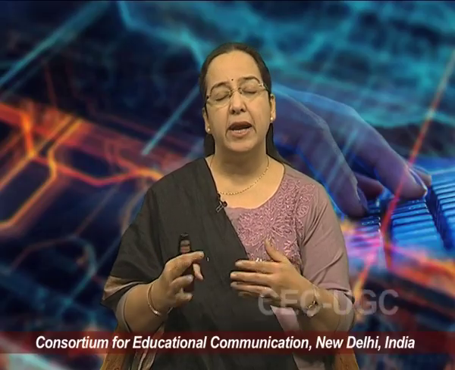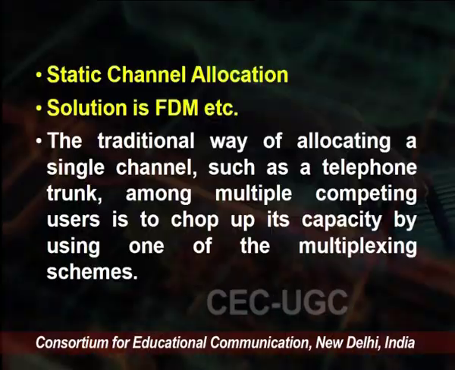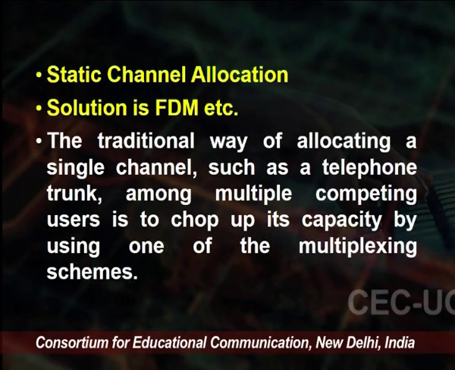If we talk about one scenario, static channel allocation, the solution could be FDM or TDM. As you are aware, FDM is frequency division multiplexing and TDM is time division multiplexing. In the scenario of a static channel, the traditional way of allocating a single channel, we can take as an example a telephone trunk.